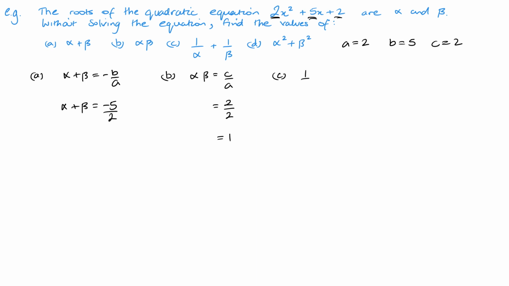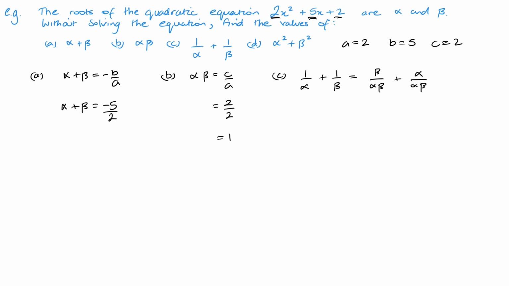Now for c, we've got 1 over alpha plus 1 over beta. If I make this a single fraction, then it means that I'm going to have this over alpha beta. I'll take an extra step on this one. I wouldn't normally, but I will take an extra step just so you can see.